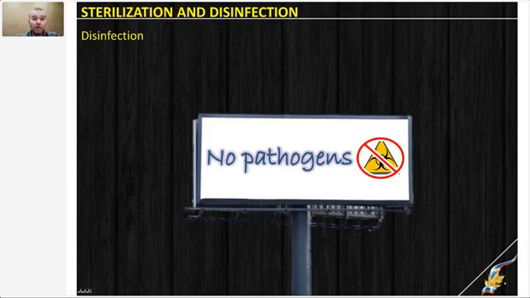Second idea is the idea of disinfection. Disinfection, as is obvious from the name, is destruction or removal of all pathogenic organisms capable of giving rise to infection. And the major difference here is that non-pathogenic microorganisms can remain alive. It's not complete removal as in the previous sterilization idea.